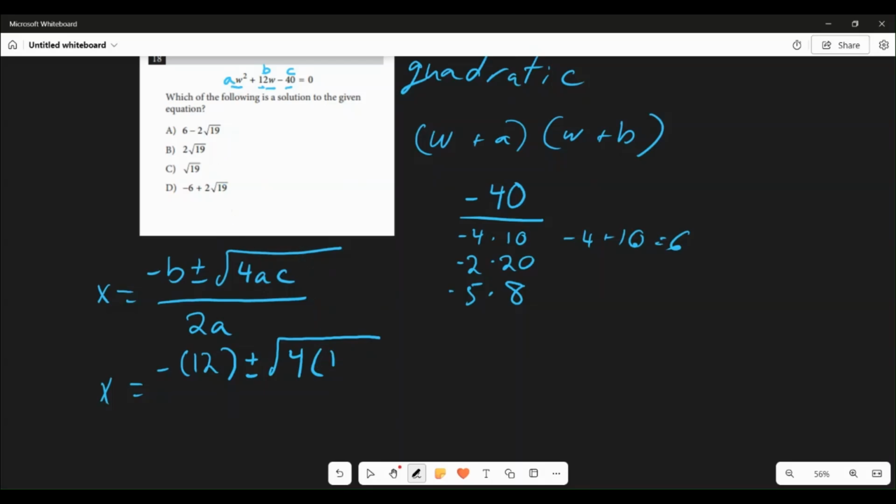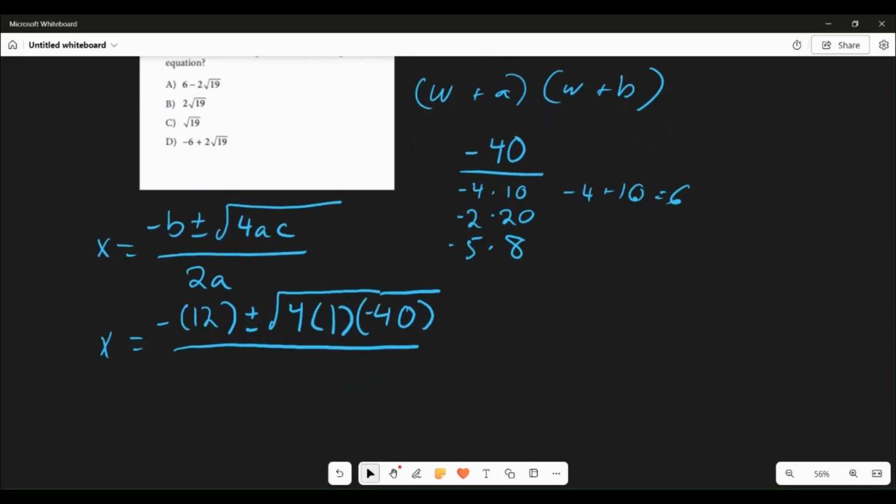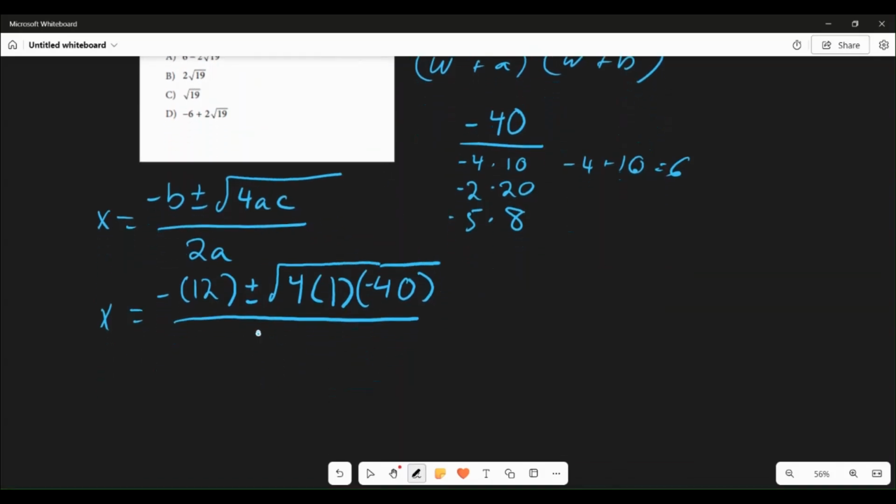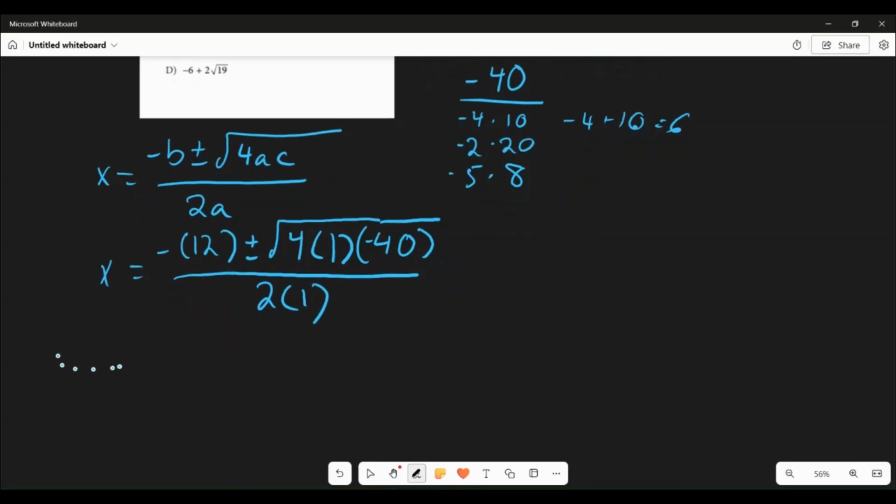So we have 1w right there, and then c is minus 40, so let's put that in there. Minus 40, right? And then it's all going to be over 2a. Remember a is 1, so we're just going to have 2. Okay, so let's try and simplify that a little bit more.